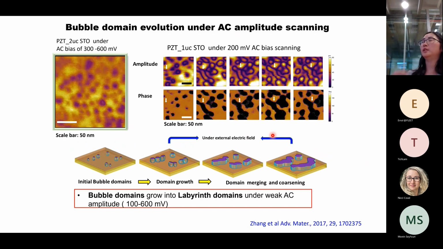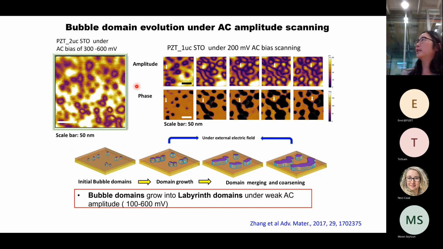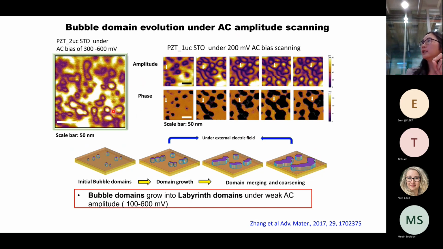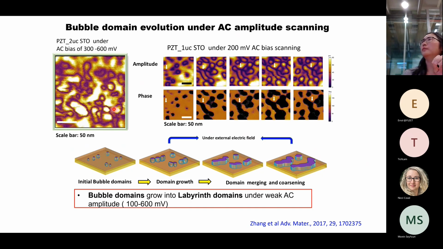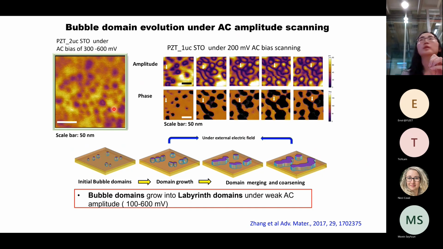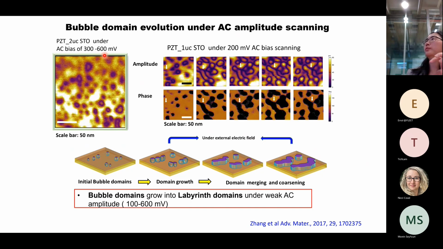And how about manipulating it? This is actually from my first work. When we imaged these bubble domains, we found that they are quite sensitive to even an AC bias as low as 100 millivolts.